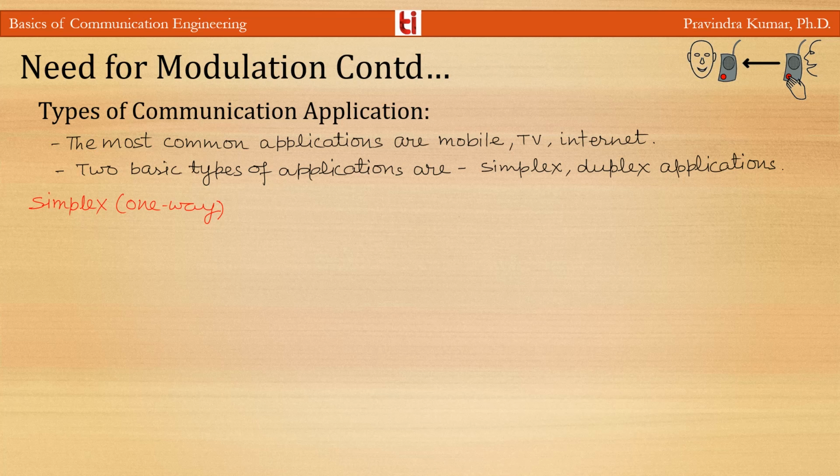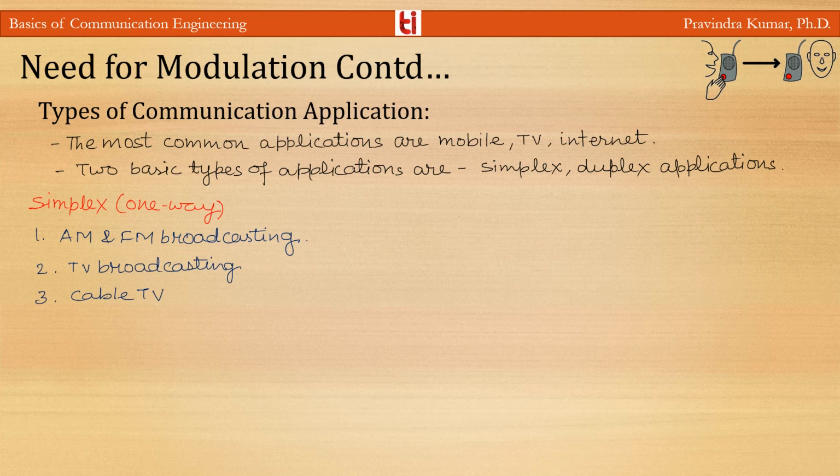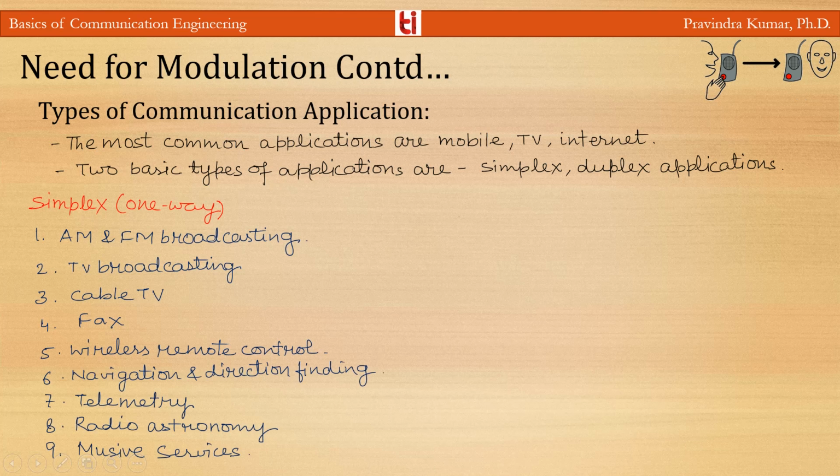The applications of simplex are amplitude modulation and frequency modulation broadcasting, AM FM broadcasting, TV broadcasting, cable TV, wireless remote control, navigation and direction finding, telemetry, radio astronomy, and music services.